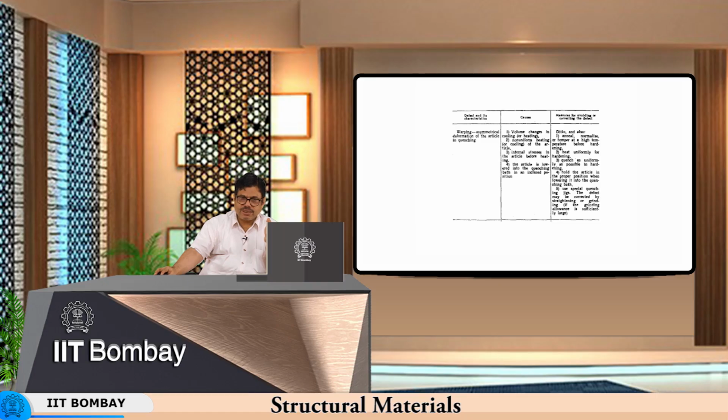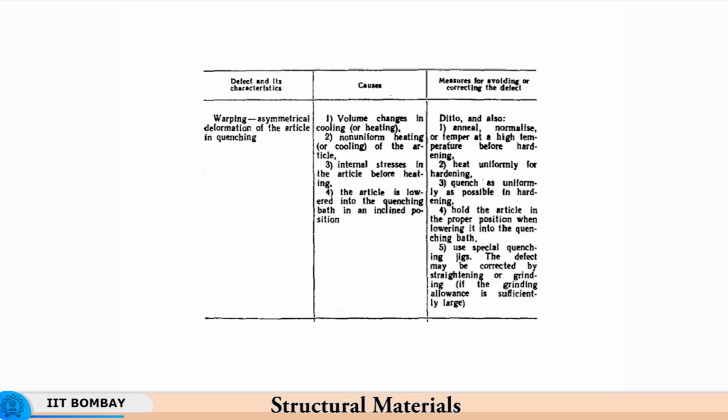It will get transformed to say pearlite or some such phases, and then the remaining austenite will get transformed to martensite. So, what we are doing here is we are minimizing the strains which are caused by volume changes, so the differential changes in volume in different regions of the article are therefore avoided here, and then quench as uniformly as possible in hardening.